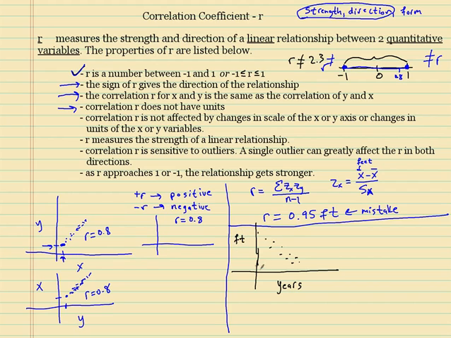So I've noticed as the years go on, the feet are getting smaller. r is the direction. Since the years are getting bigger, the feet are dropping, so this is negative. This looks like an r of probably about 0.87, and it will be negative. So r equals negative 0.87.